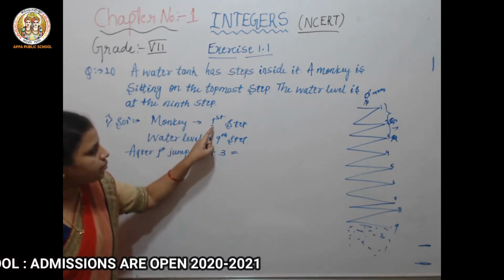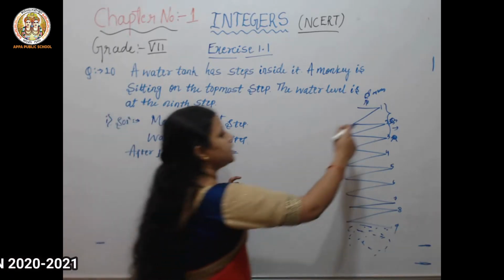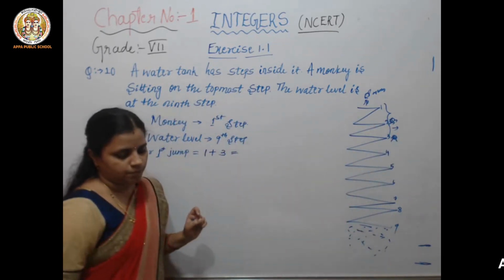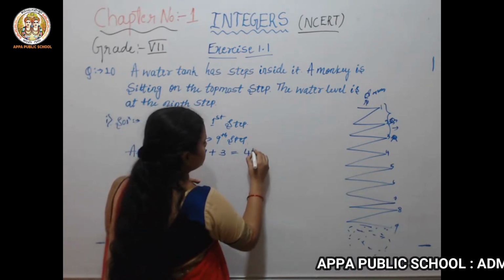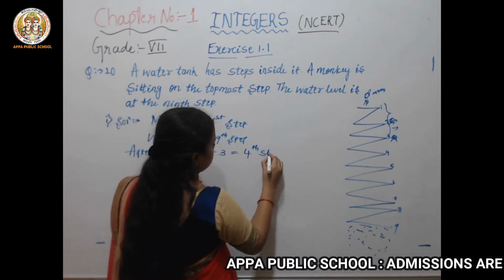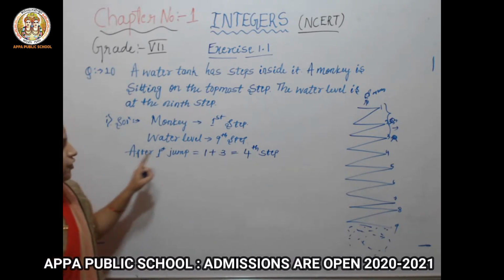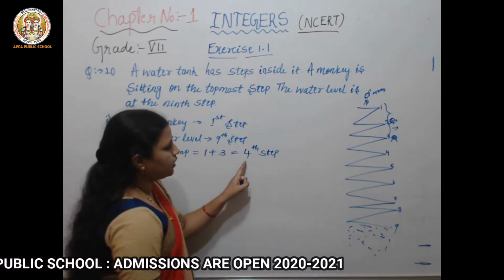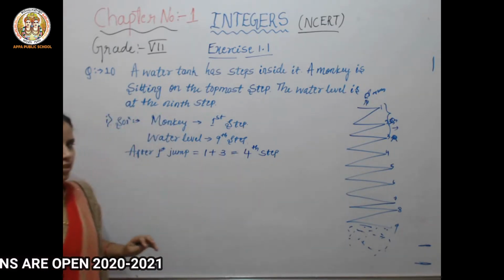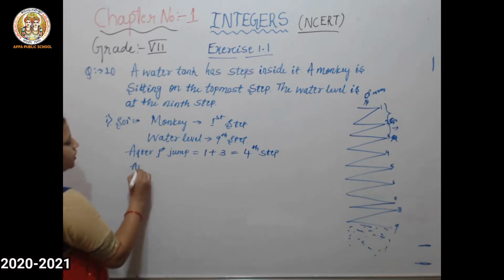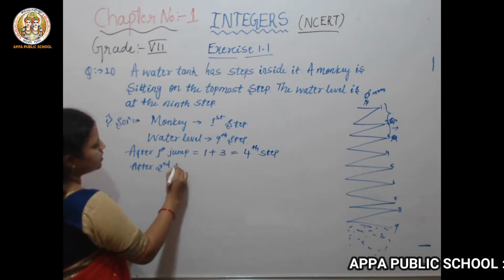Because initially the monkey is at the first step, and in the first jump the monkey jumps 3 steps. 1 plus 3 is the 4th step. So after the first jump, the monkey is on the 4th step. And next is after the second jump.